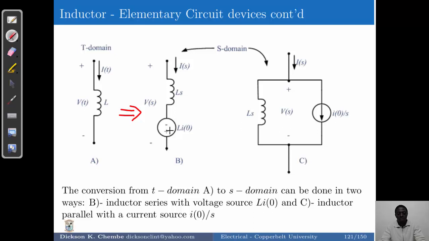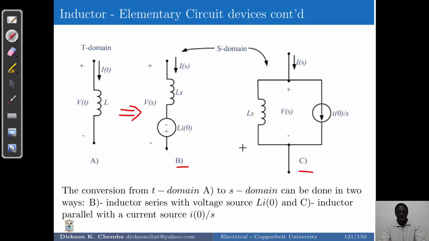So you've got two options, which are B and C. You can convert to either an inductor in series with a voltage source, or an inductor in parallel with a current source. The direction of the current source is in the same direction as Is, by convention coming out of the positive terminal.